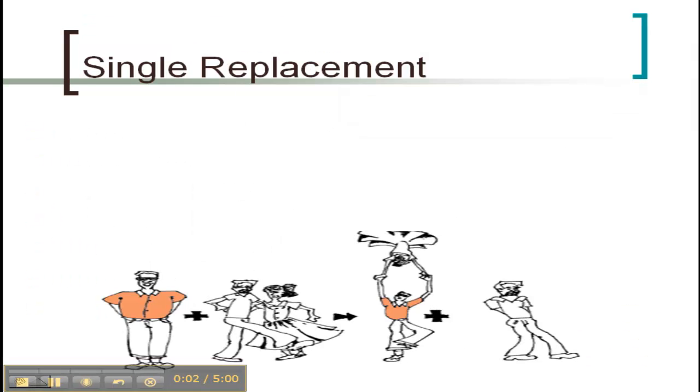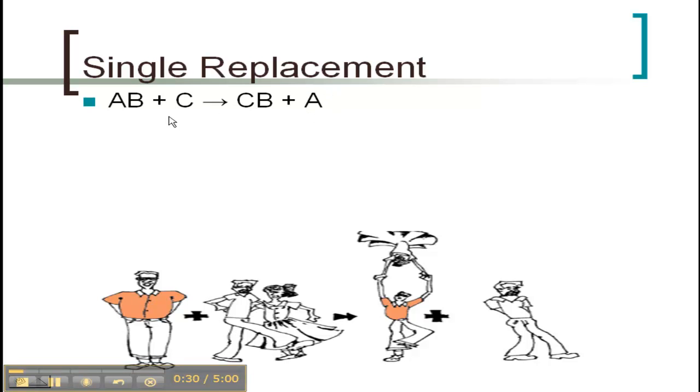Now because we're going to spend time on single replacement reactions, we're just going to go over the basics for now. So in a single replacement reaction, what happens is you have a compound plus an element. This element here, C, comes in and kicks out this metal A, and so it reacts and forms a compound with that anion, and your element is left out.